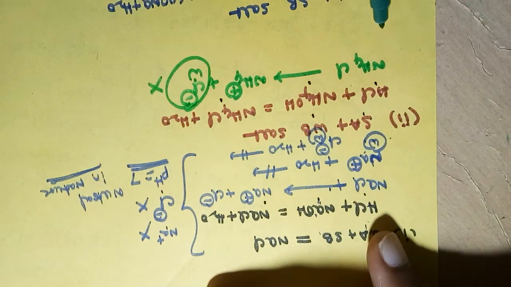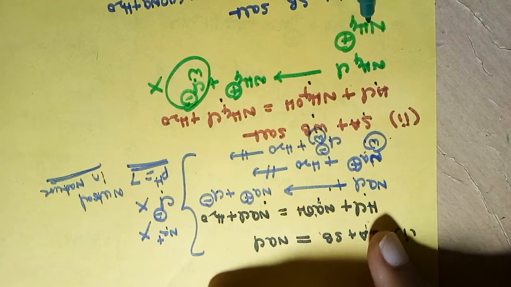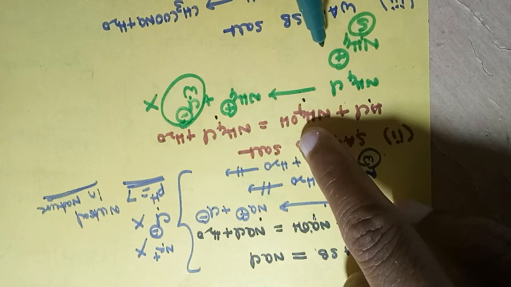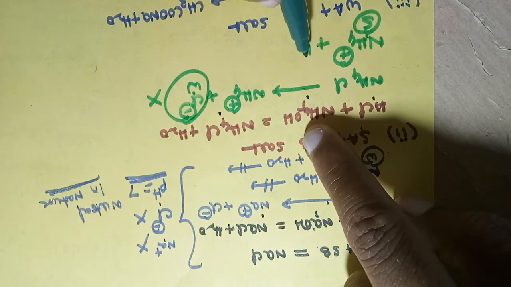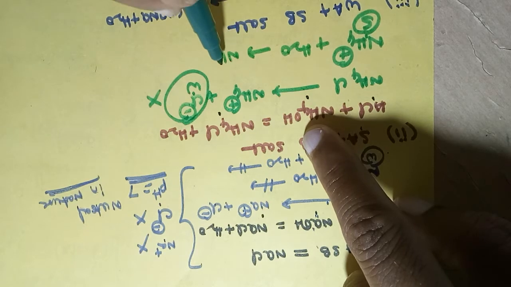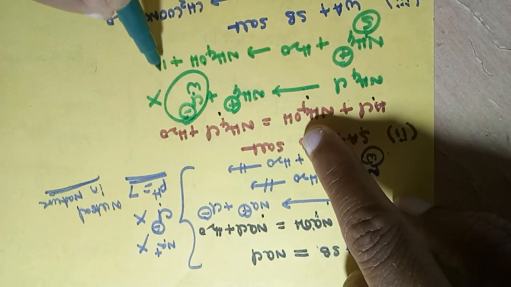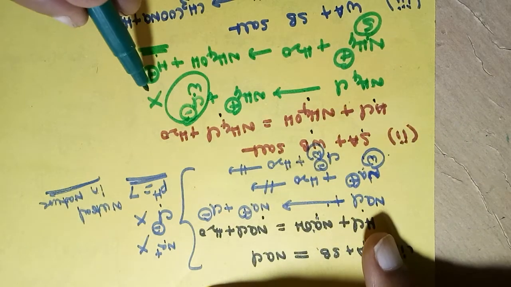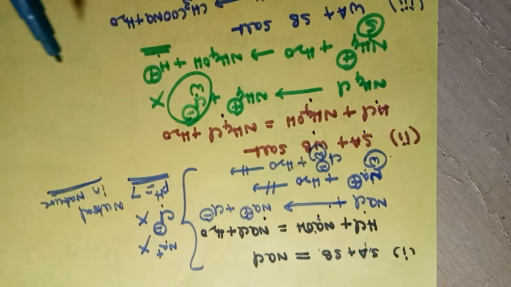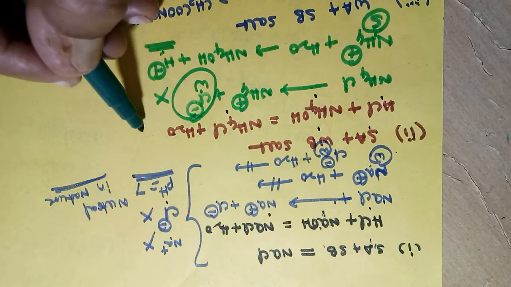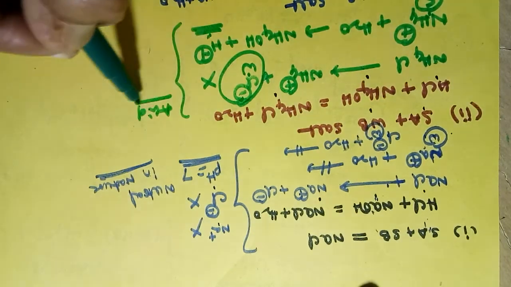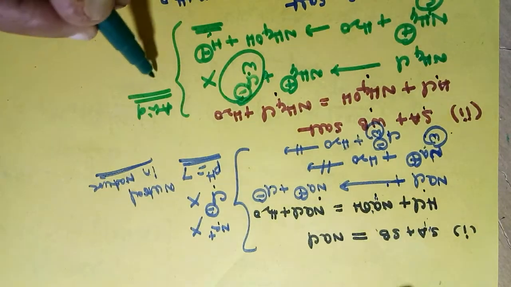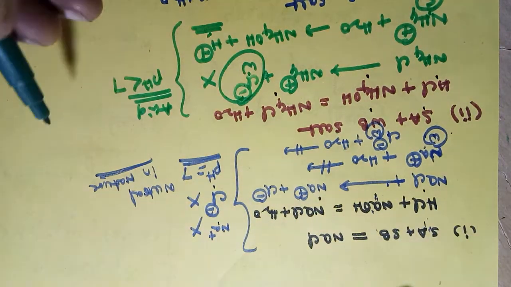The NH4 plus ions are formed from a weak base, so they are strong ions. These react with water and form NH4OH plus H plus ions. These H plus ions change the pH value, so the solution becomes acidic in nature and the pH value is less than 7.